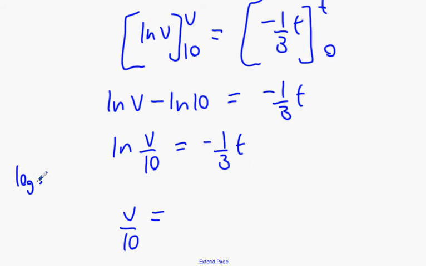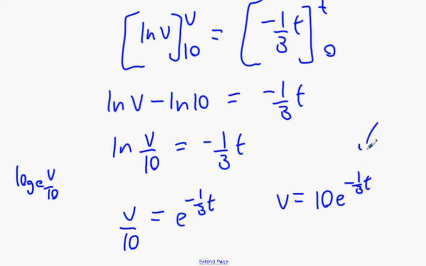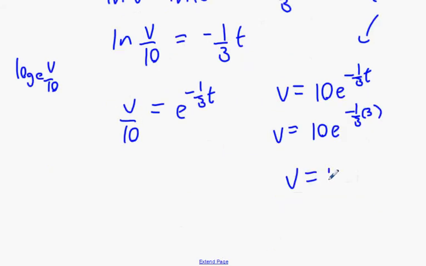Remember, it's log e to the power, so v over 10 equals e to the power minus 1/3 t. v equals 10 times e to the minus 1/3 t. That's the generic formula. We can also then substitute in t equals 3. v therefore equals 10 e to the minus 1/3 times 3, which is 10 e to the minus 1. Where did I put the answer for this down? Oh yeah, 10 over e.